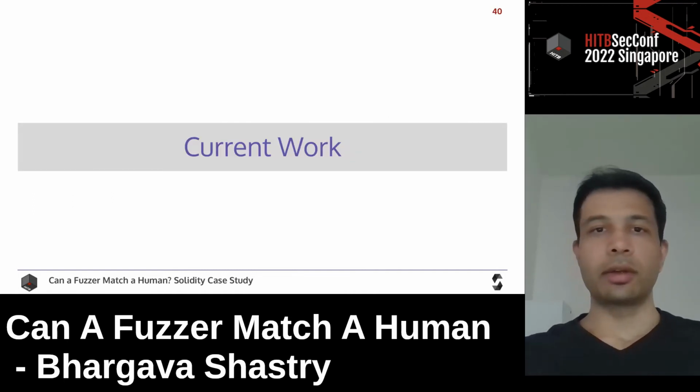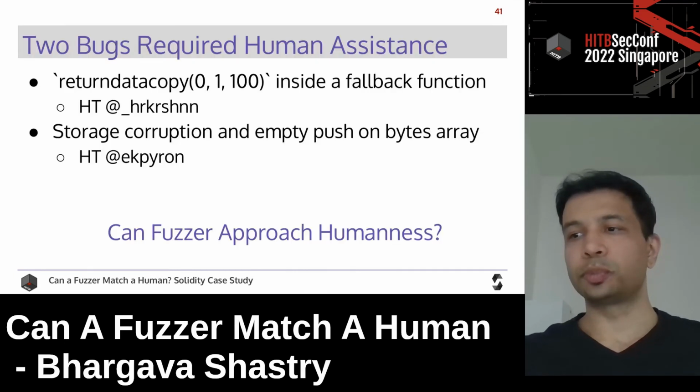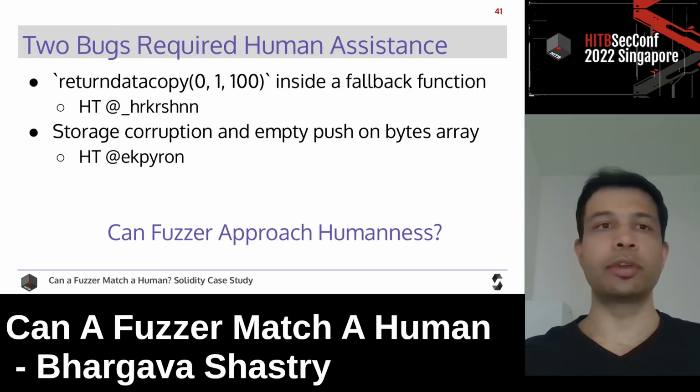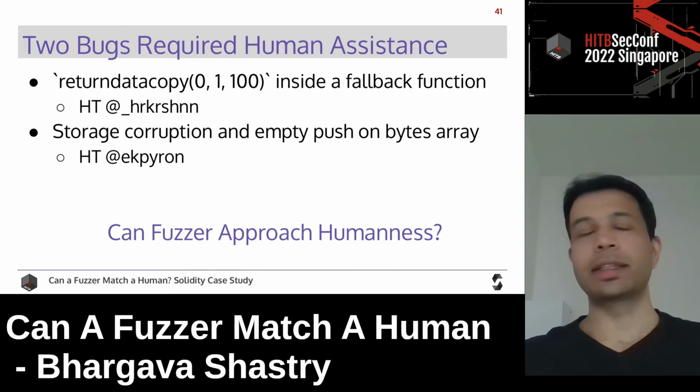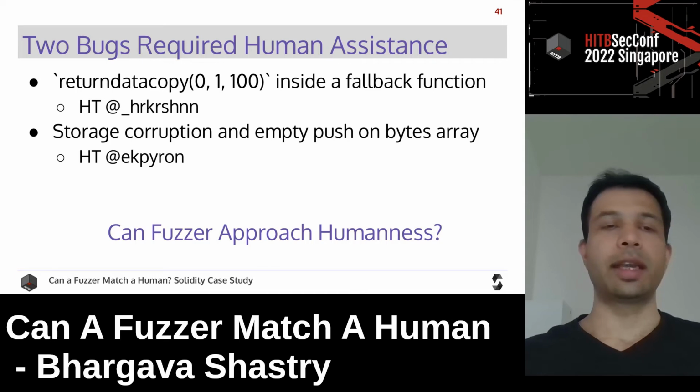Let me shed light on what we're currently doing. Some of the recent work focuses on trying to make the fuzzer generate more human-like or intentional test cases. This ties back to the title of this presentation, Can the Fuzzer Approach Humanness?